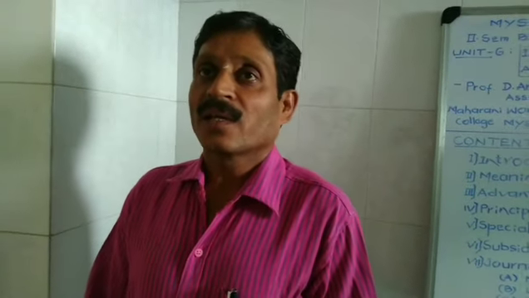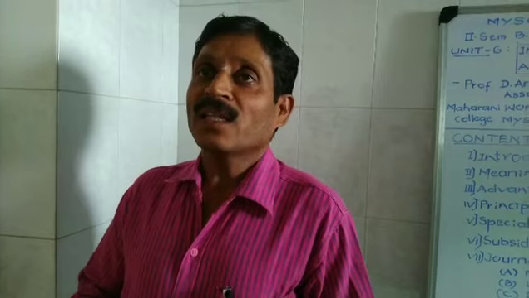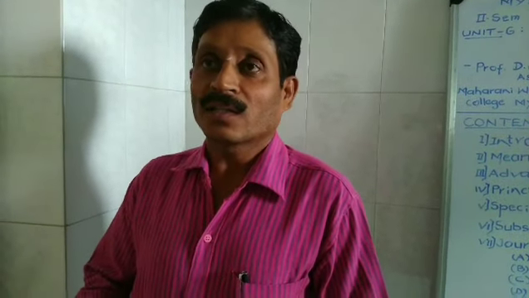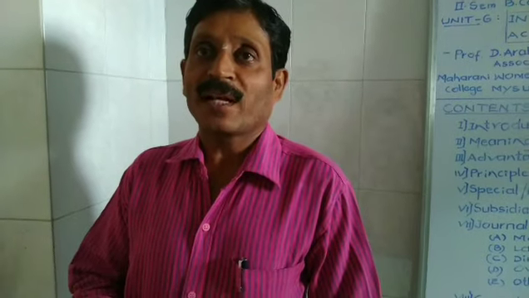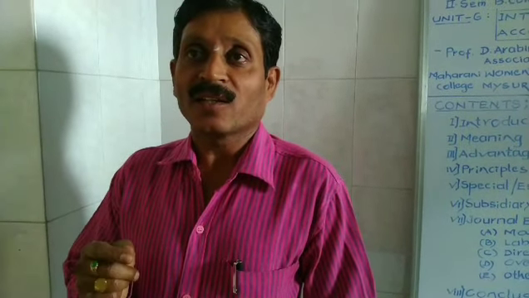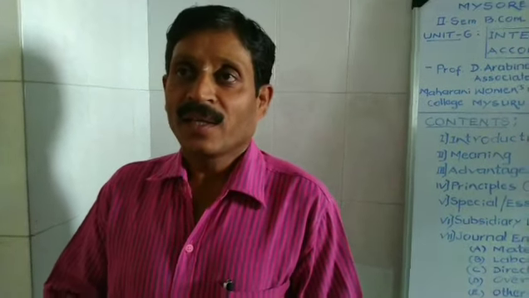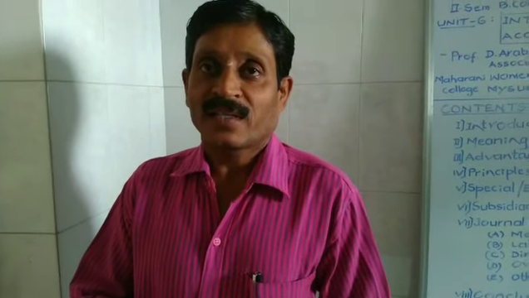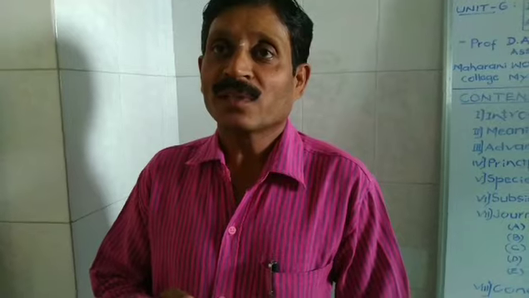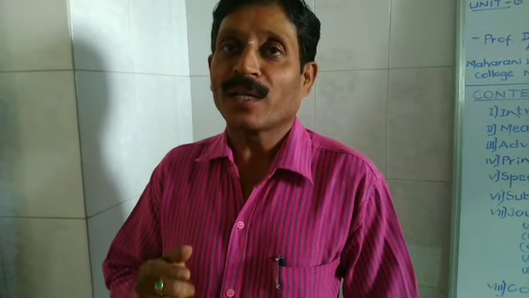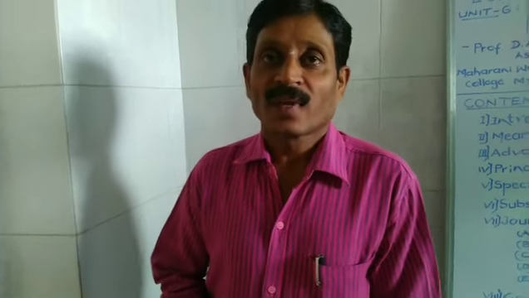Yes friends, as you know already, financial accounting and cost accounting are the branches of accounting. If both accounts are separately maintained, it is non-integral accounting. If both are merged, integrated, then it becomes integrated accounting system.